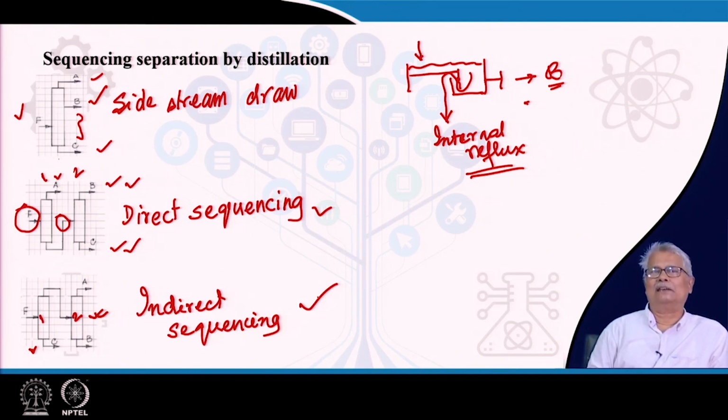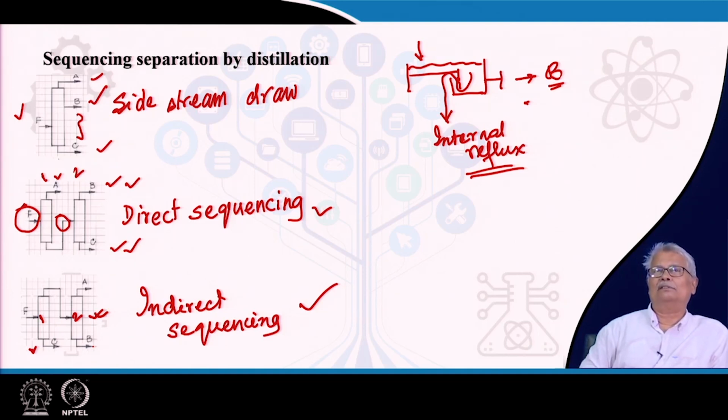If you take out the large quantity first, the later columns that you have to add are usually of a smaller diameter, and that helps the economics. But in any case, this could be an advantage only when the separation is rather important between either B and C in case of direct sequencing and A and B in the indirect sequencing case.